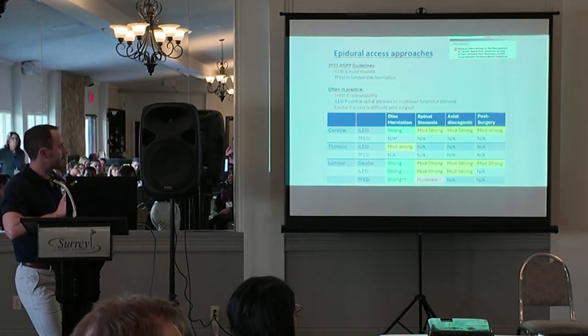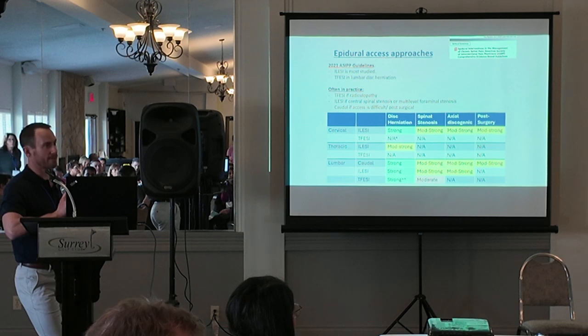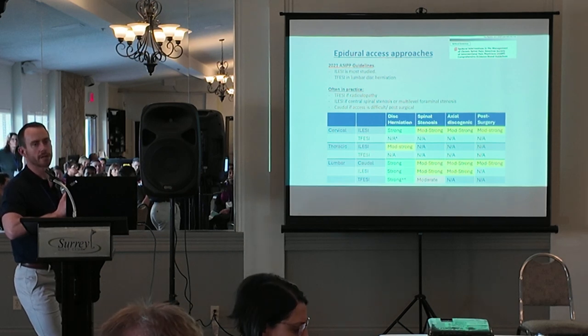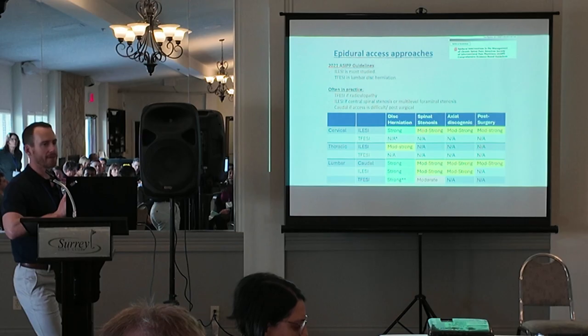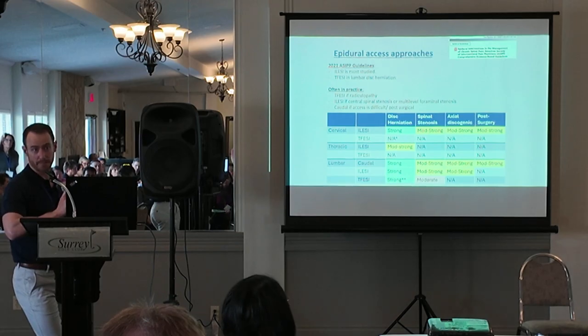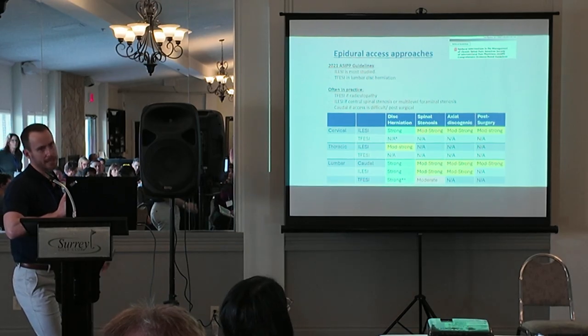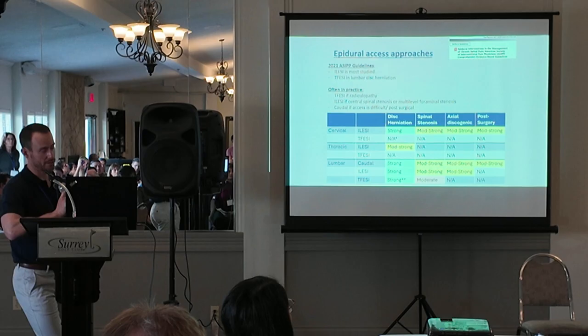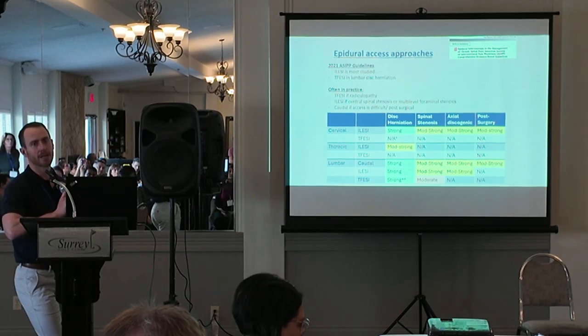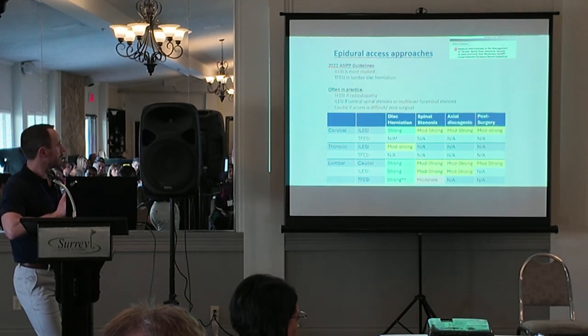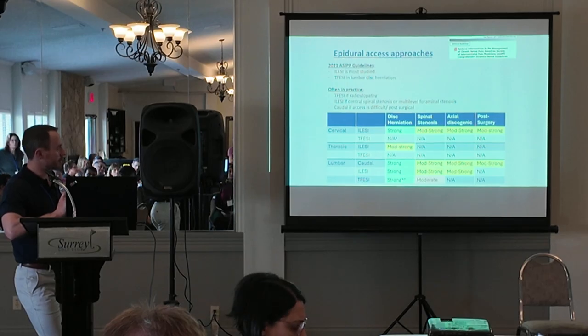Often in practice, people do transforaminals if there's a clear radiculopathy. You've got a 42-year-old male with an L5-S1 herniated disc pinching his L5 nerve root, causing a clear radiculopathy. People will go transforaminal, try and get the steroid right at the site of the disc-nerve interface to reduce pain. Interlaminar, if there's central stenosis or multi-level stenosis.